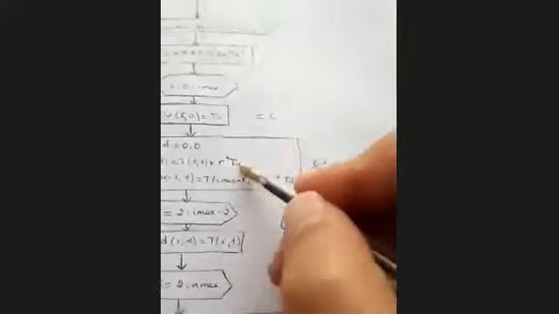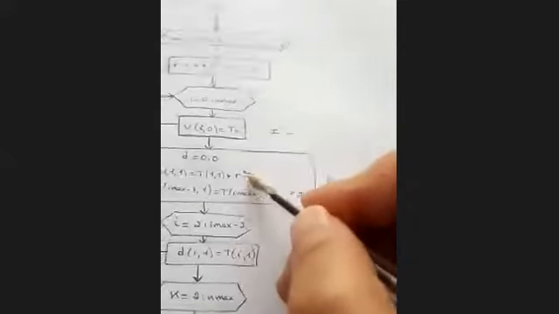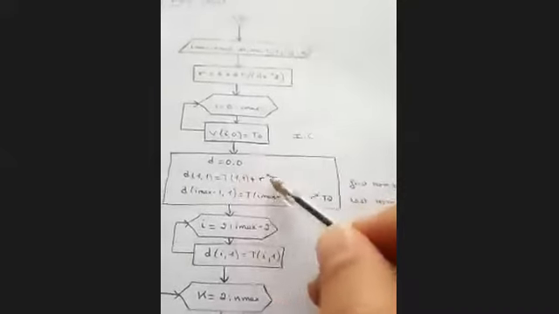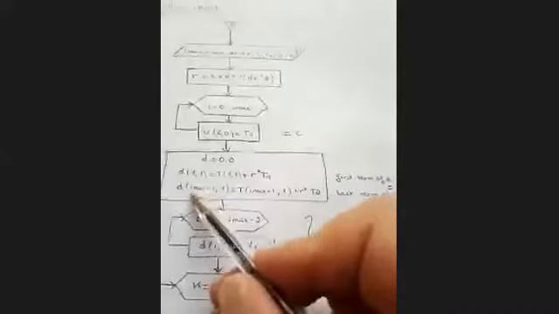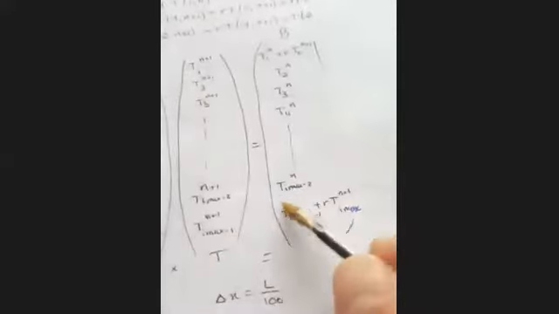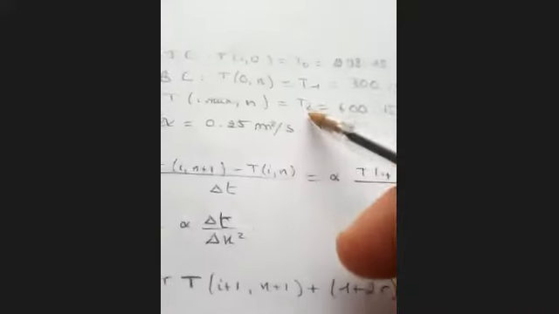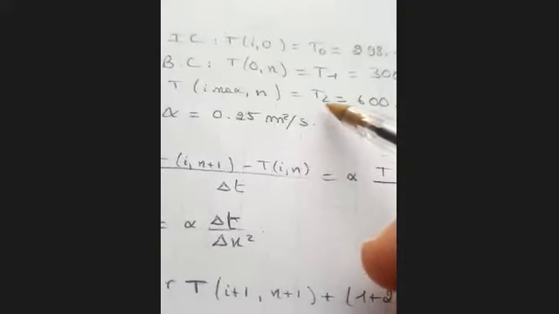And t1n plus 1, what is it? It is t11 plus rt1. And the last one, di max minus 1, which is the last one here, is ti max minus 1 n plus rti max n plus 1. And ti max n plus 1, where is it? It is t2. Okay.